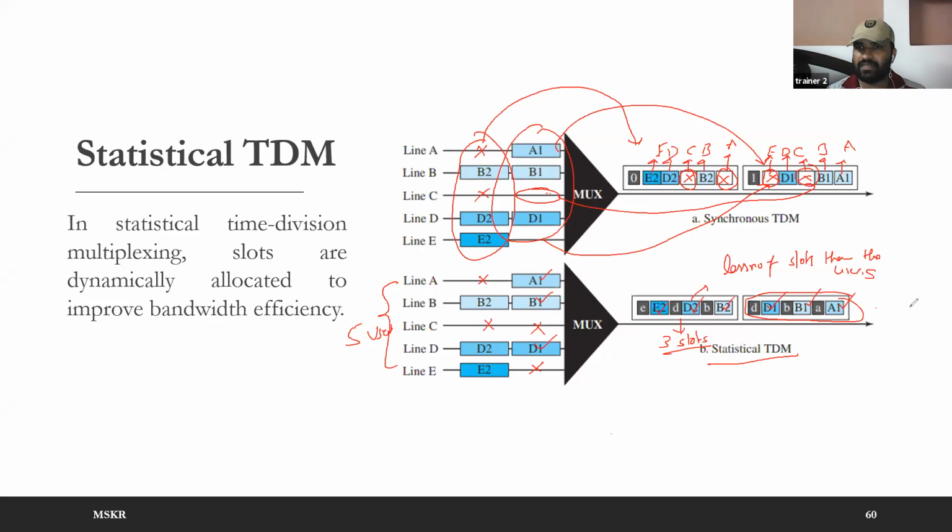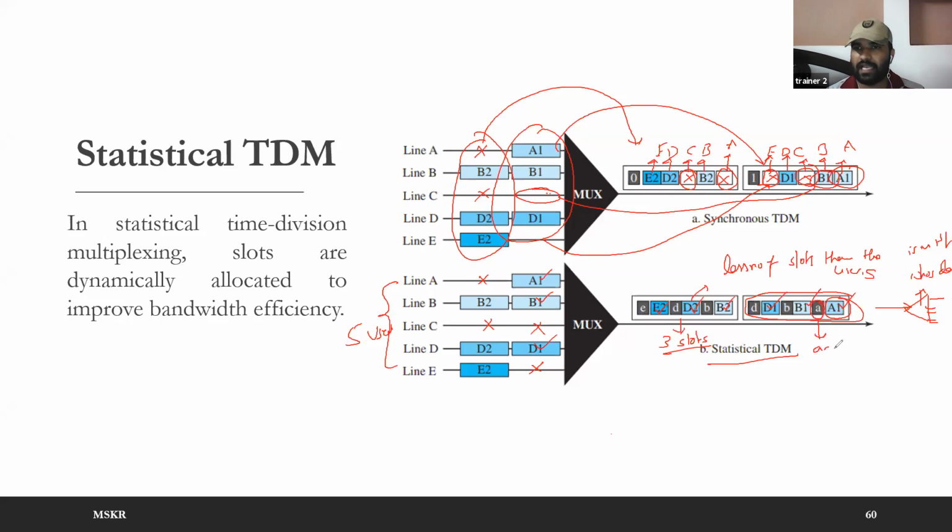But at the receiving side, when the data is received by the demultiplexer, the demultiplexer has to know whose data is in the first slot, whose data is in the second slot, whose data is in the third slot, because now the slots are not ordered, they are random, you can say. Whoever has the data will use those slots. So instead of just sending the data one by one, along with the data you are going to add an address.